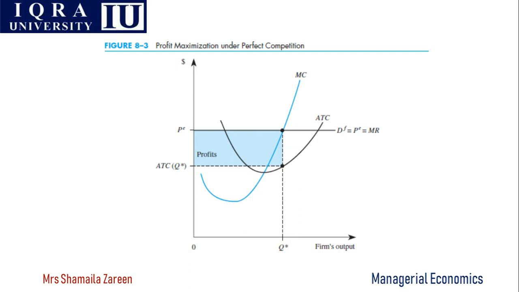So this is the average cost curve that we have completed in our previous lecture. In the previous chapter, we have explained fully the cost behaviors, and the shaded rectangle in figure A3 shows the maximum profits of the firm.